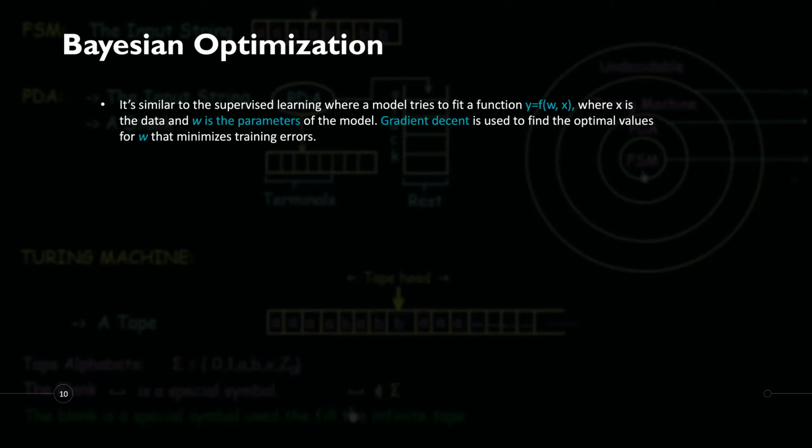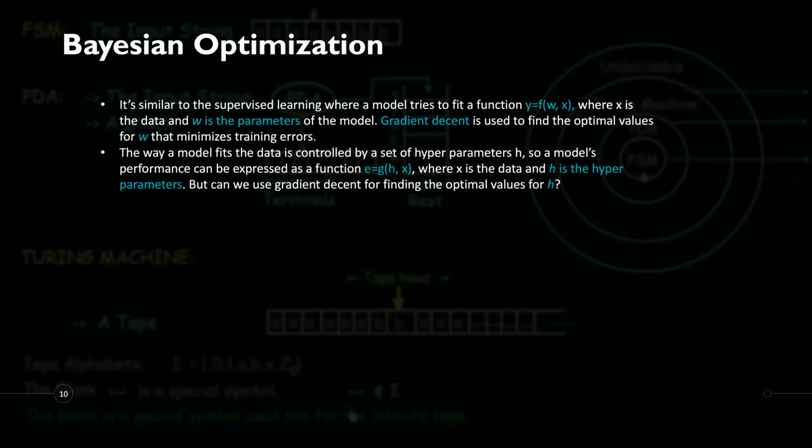As long as you know gradient descent is an optimization algorithm, that's good enough. Gradient descent is used to find the optimal values for the parameters w that minimize training error. This is what we do to find the best values for a supervised model, which is also called the training process.